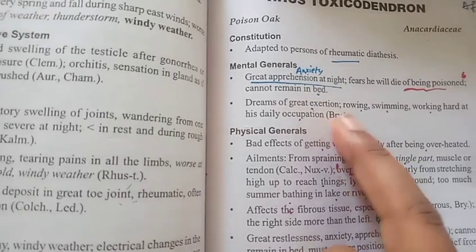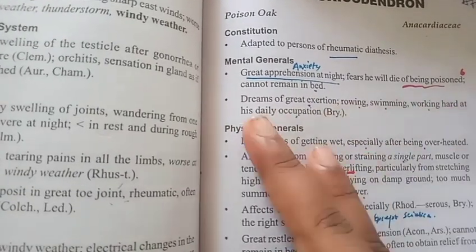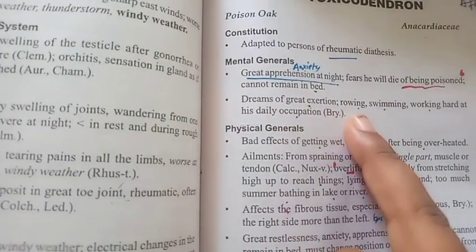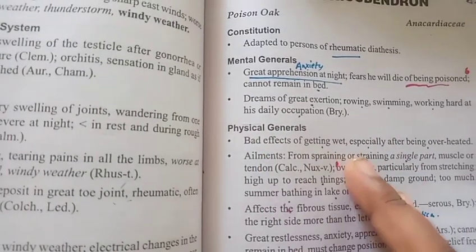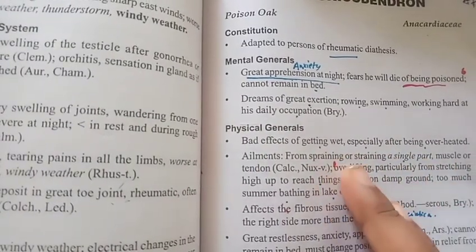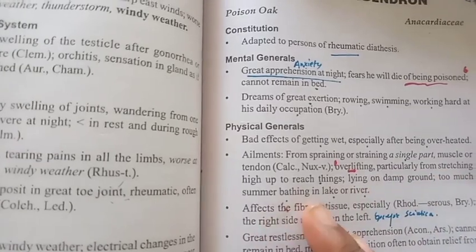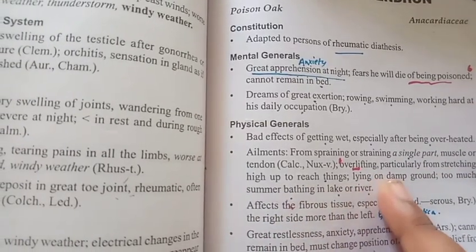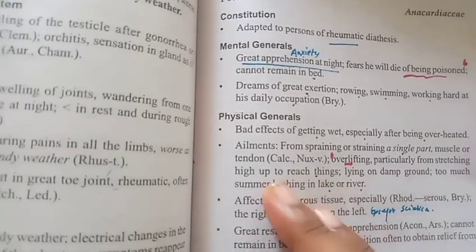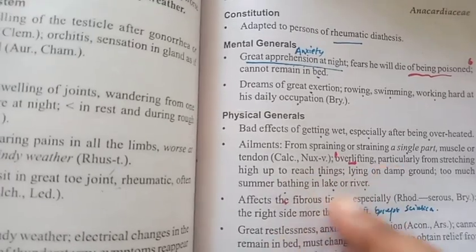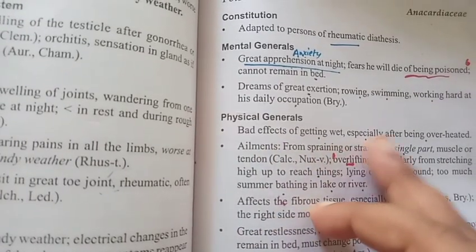Dream of swimming, rowing, working hard at his daily occupation, like Bryonia. Causation: single part straining, overlifting, particularly stretching high up to reach things, lying on damp ground, too much summer bathing. Bad effect of getting feet wet, being overheated.